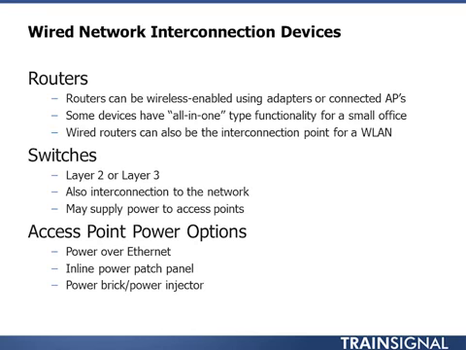Typically an access point will connect into a switch, and that might be a layer 2 or a layer 3 switch. Now in a large enterprise environment you'll see the access points going into switches rather than routers, but in a small office environment, especially if you just have 1 or 2 wireless LANs, I have seen the wireless LANs going directly into the router itself, and it gives you an all-in-one kind of capability in terms of deploying your access points, and it can save some costs for that site.